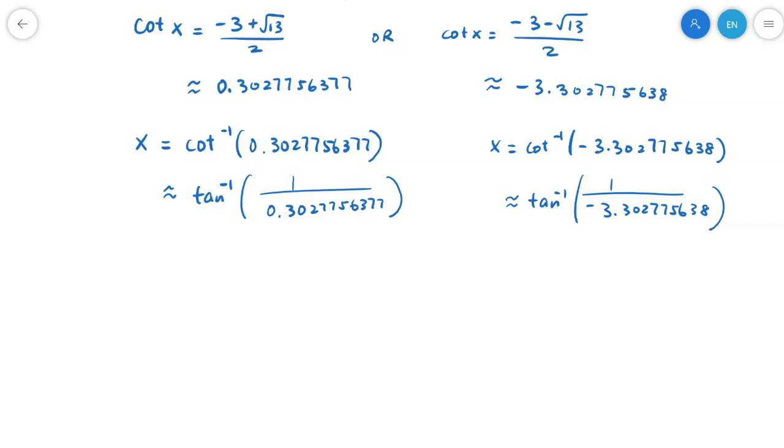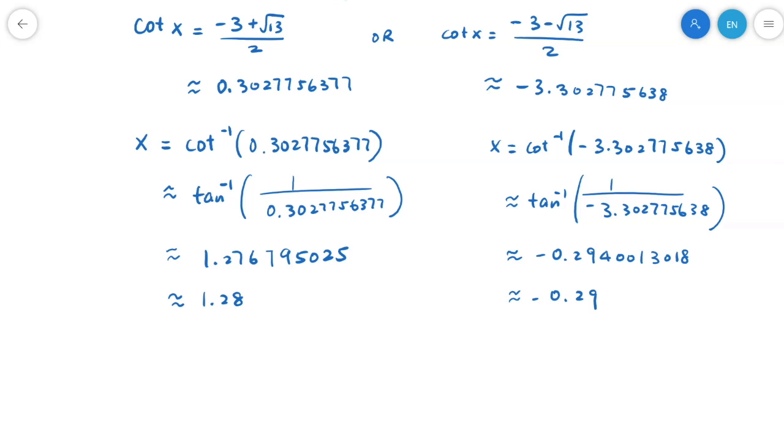Now we can punch them into the calculator. We get 1.276795025 for the first one, and negative 0.29400130018 for the second one. Just to make it shorter, I'm going to say 1.28 and negative 0.29, rounding.